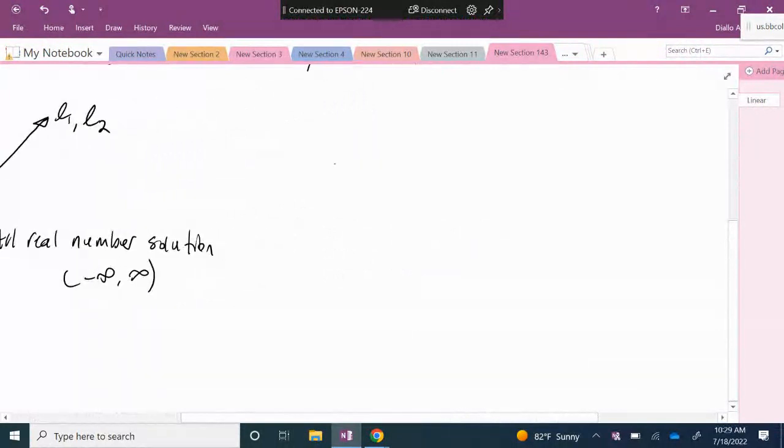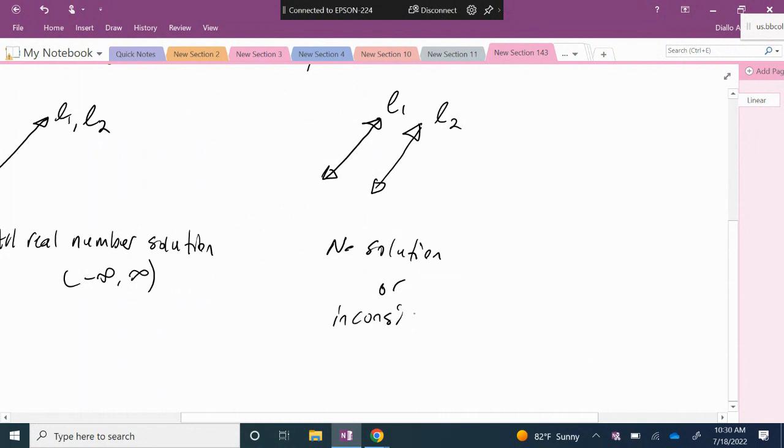And then lastly, if I were to graph one line, and then graph another line, and the two lines never intersect, then I'm going to have a no solution, or an inconsistent system.